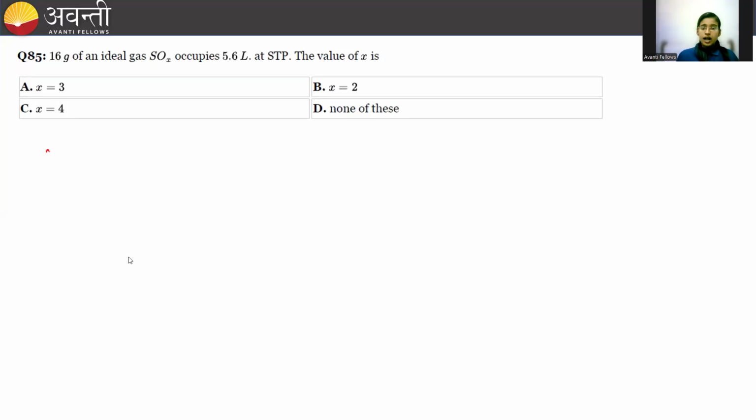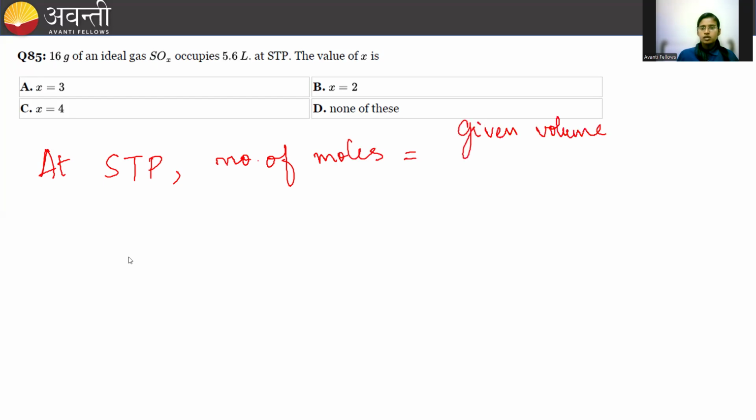Okay. At STP, the number of moles can be calculated using the formula, which is given volume divided by 22.4. And also we know that number of moles is equal to mass by molar mass. It is also the formula, right?